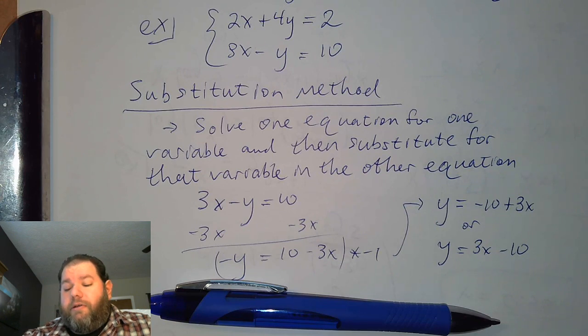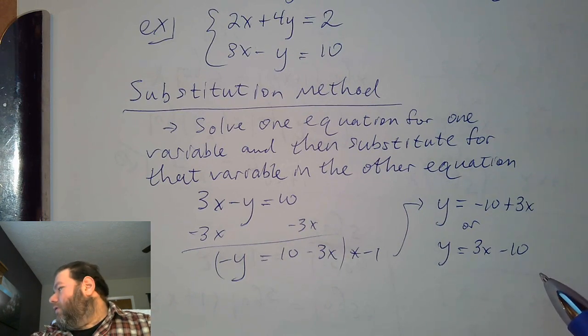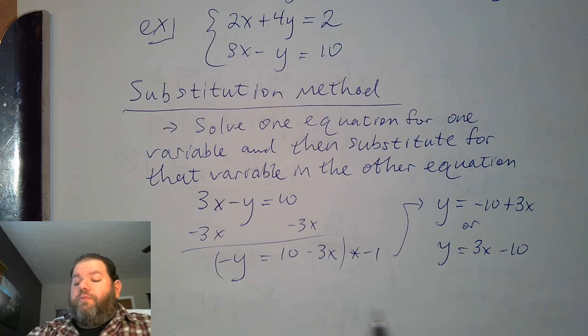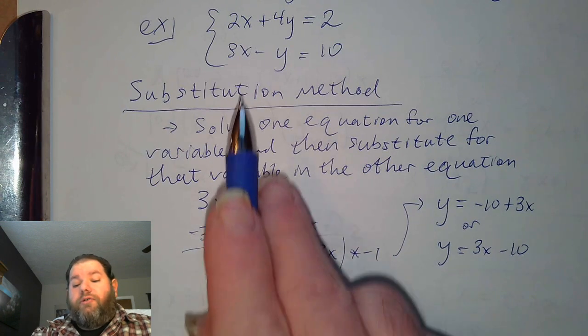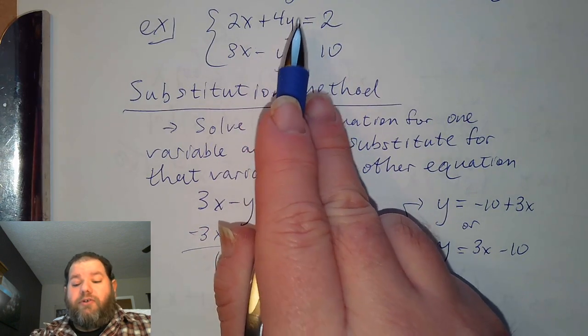Anyway, so we end up with y equals 3x minus 10. Now, we got this from this equation here, so we don't want to plug it back in here. We want to plug it back into the other equation.